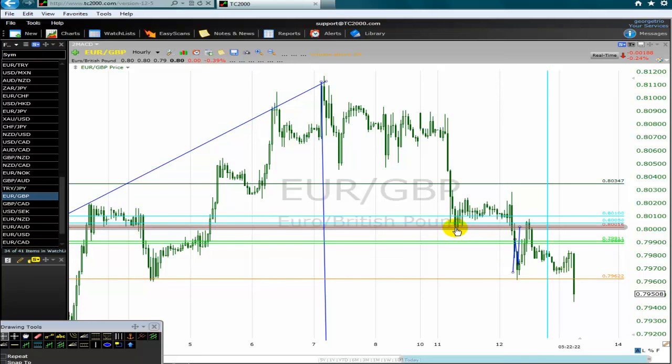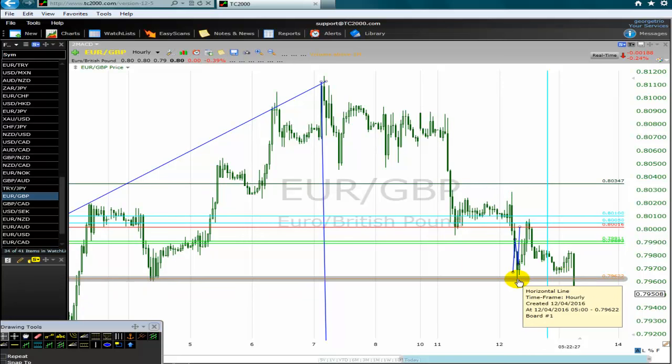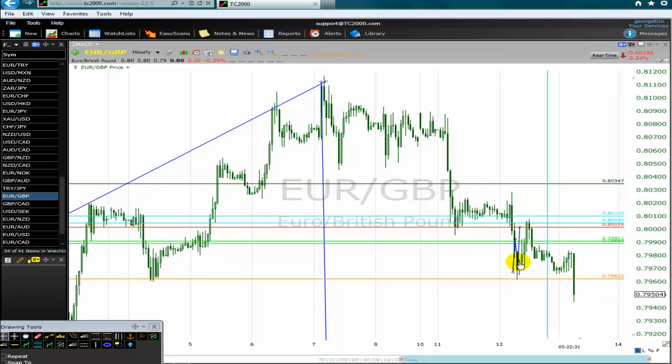So we say 1, 2, 3. If the trend should continue, the price should rally up a bit, and then find a resistance at the prior low. So the prior low is this one here. Then you find a resistance, yes or no? I just pushed it, find a resistance.